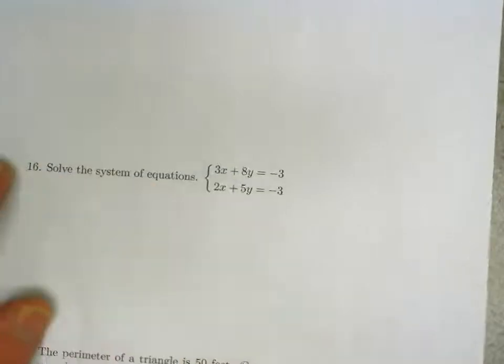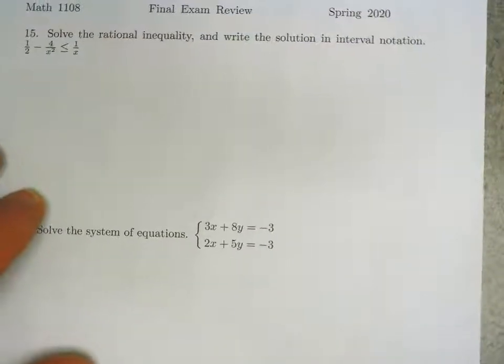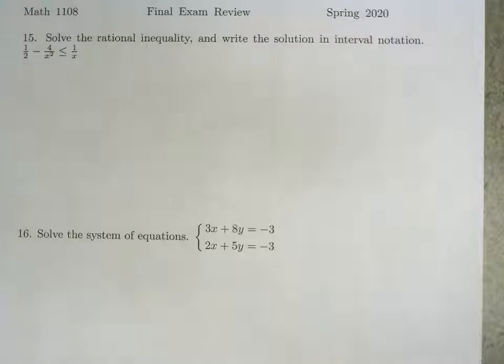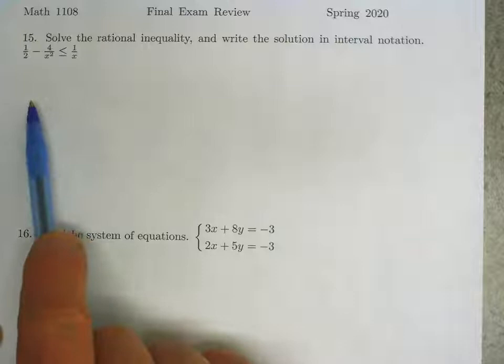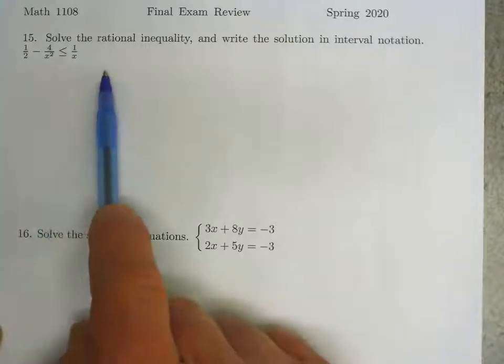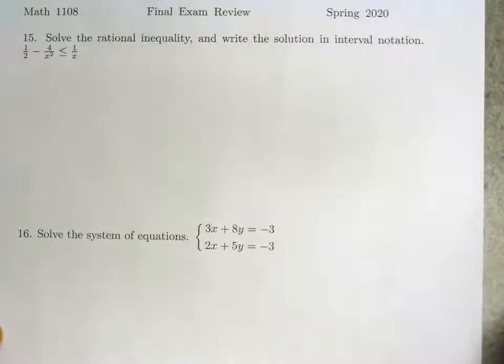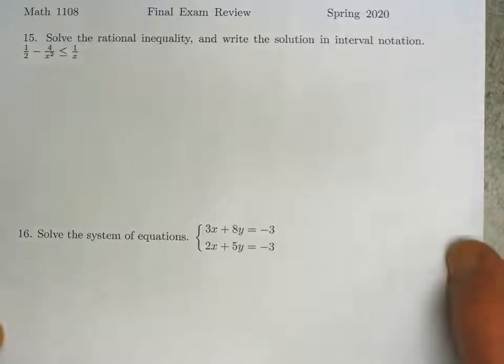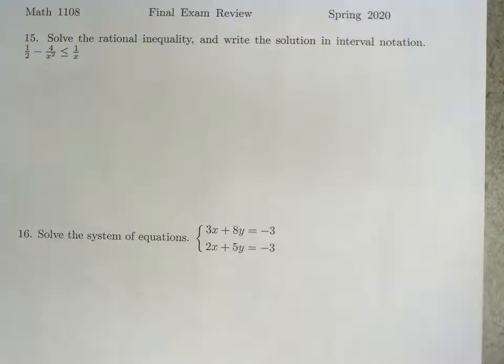Okay, the next problem is a rational inequality. Solve the rational inequality and write the solution in interval notation. When solving rational inequalities, we want one side to be 0, and then we want the other side to be a single rational expression.